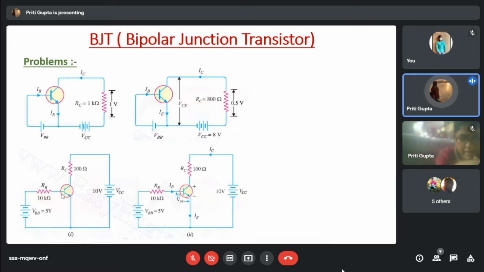Now draw this figure, and once you are done, let me know. Please be fast. We will do these problems and we will discuss biasing of BJT after this. By next week, we will complete this chapter, biasing and BJT both.